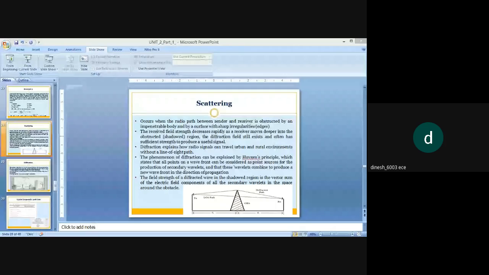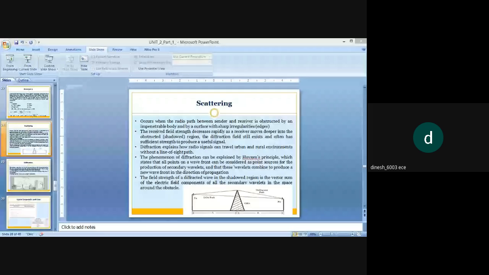which is also familiar in reflection. So the field strength of the diffracted wave in the shadow region is the sum of the electric field components of all secondary wavelets in the space around the obstacle, which is represented as OBS.